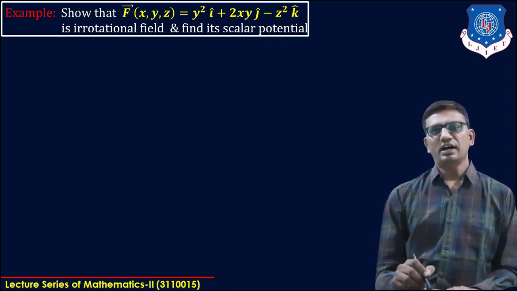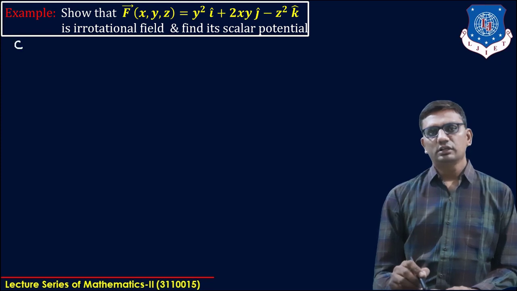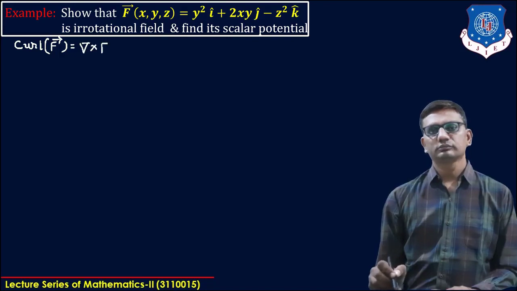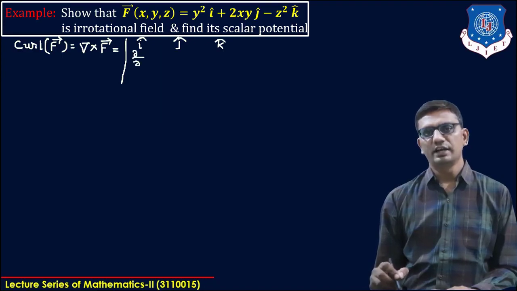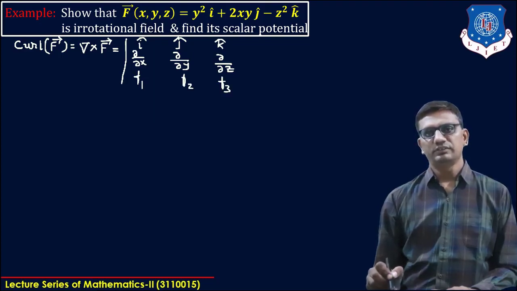First we will check whether f bar is irrotational or not. Here curl of f bar is equal to del cross f bar, that is equal to the determinant with i, j, k in the first row, the del operator, del by del x, del by del y, and del by del z in the middle row, and in the last row we put the components of f: f1, f2 and f3.